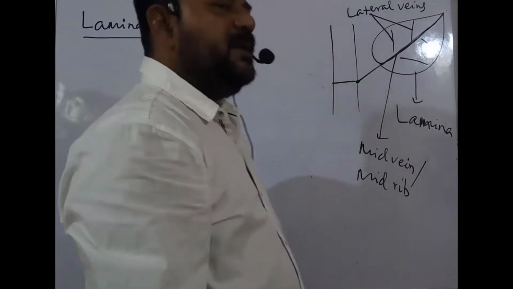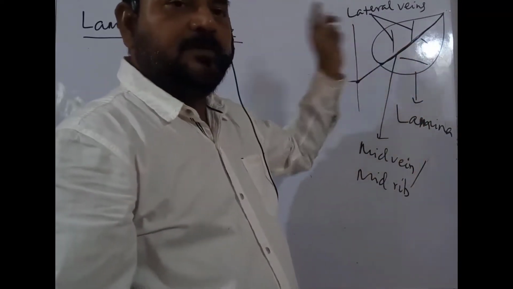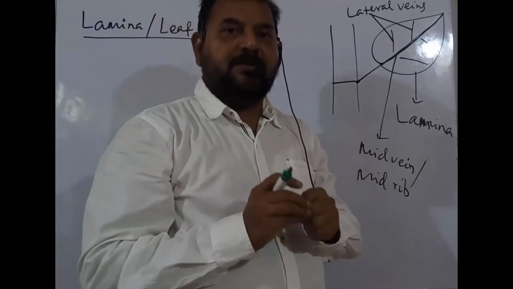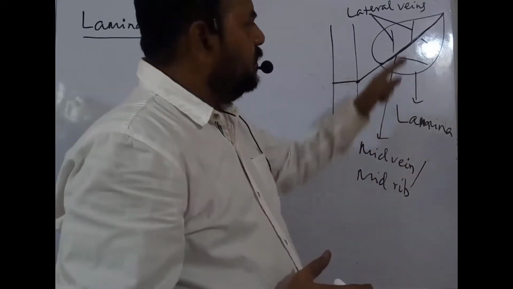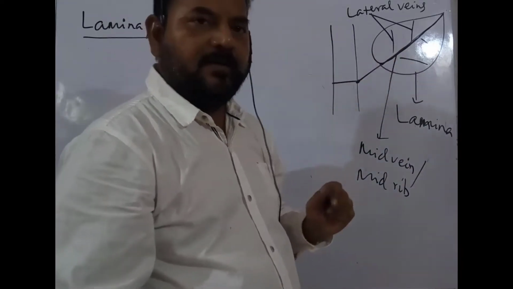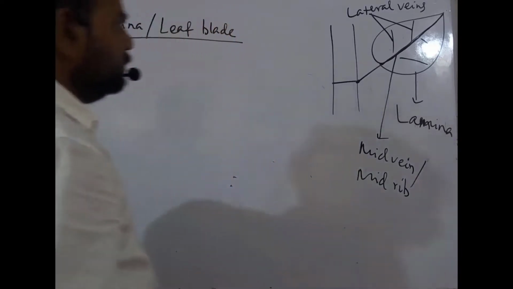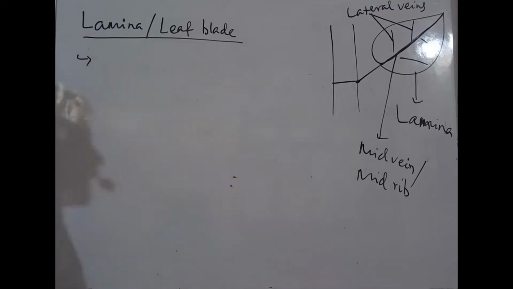These veins help in conduction of water and minerals, because in these veins the vascular bundles are present. That means xylem and phloem are packed into bundles, and these are found in the main vein as well as in the lateral vein. Understood my point? So, what is lamina or leaf blade?